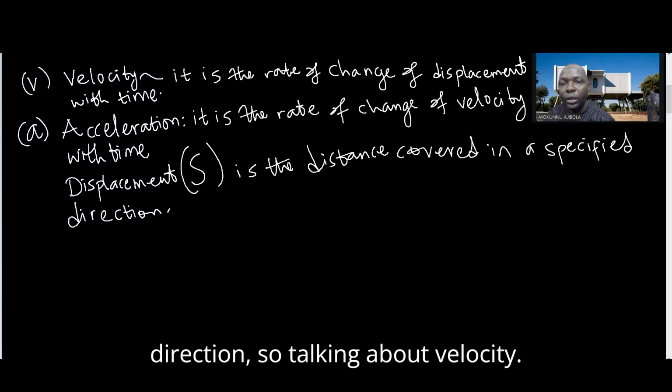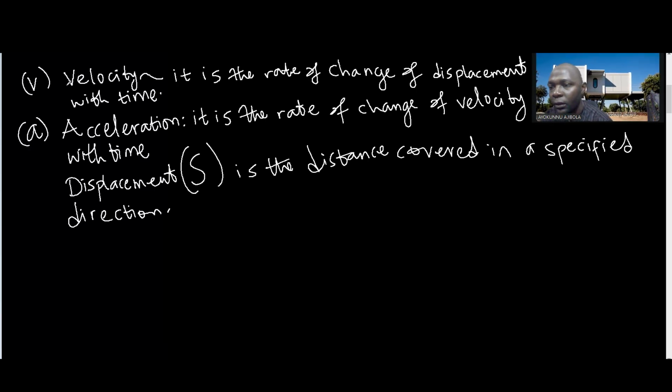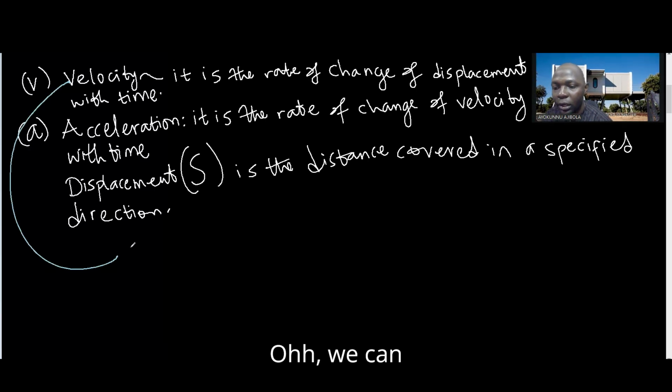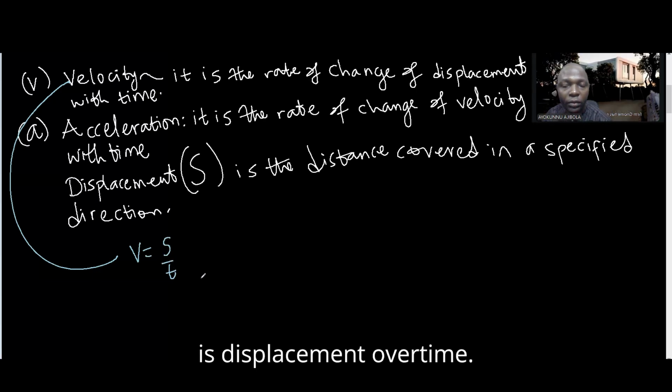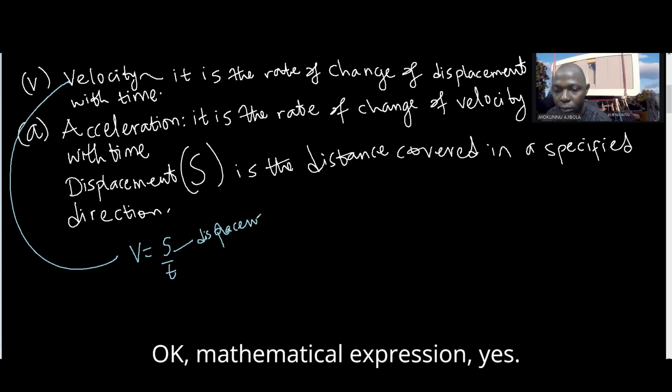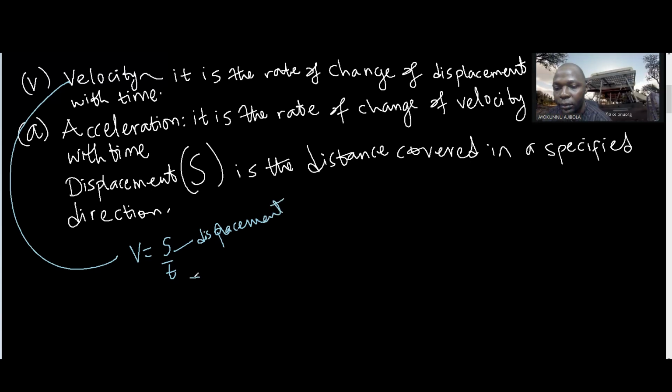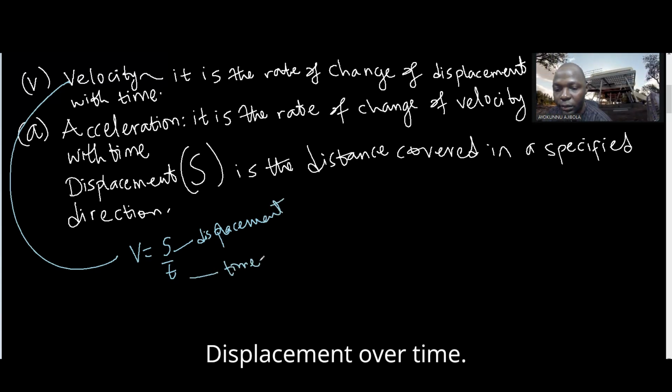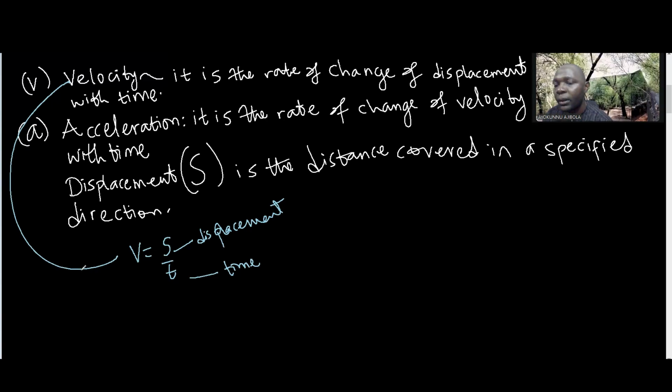So talking about velocity, we can say velocity V is displacement over time. That is the mathematical expression: displacement over time.